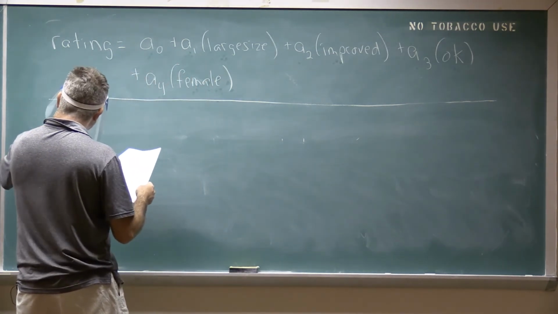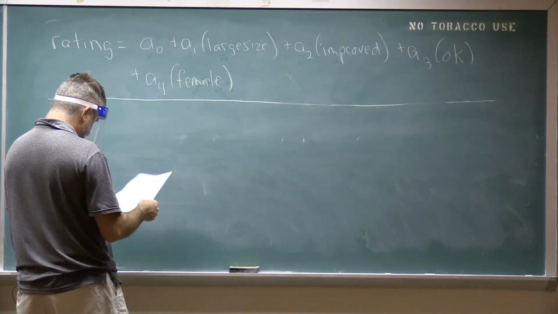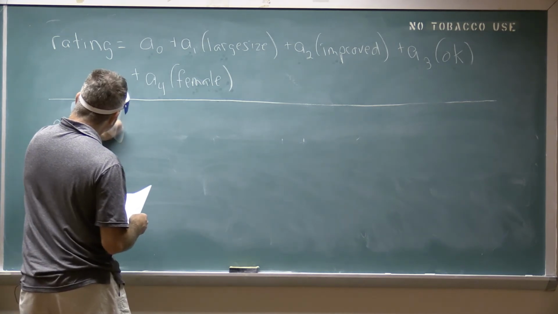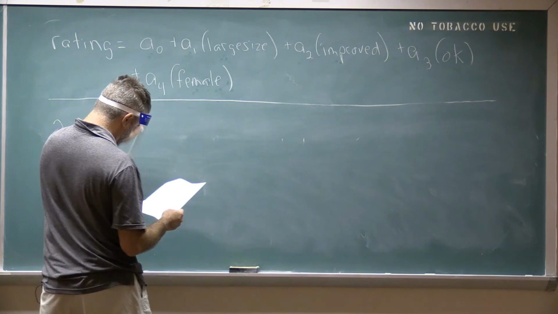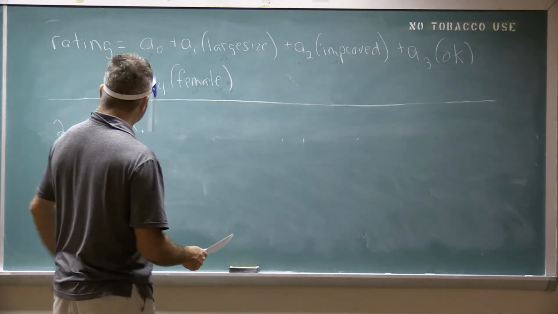And somehow I went from 2D back to 2C again. That's nice. So I'll make this 2C again. Damn COVID. How do we interpret the coefficient A2?